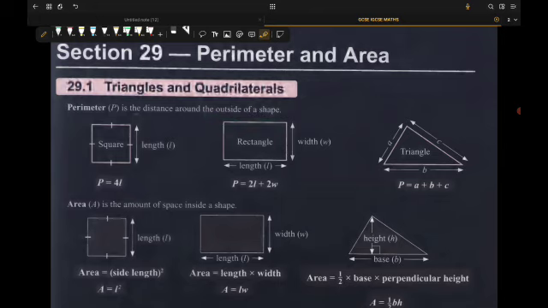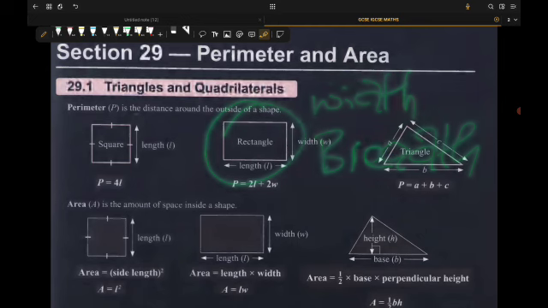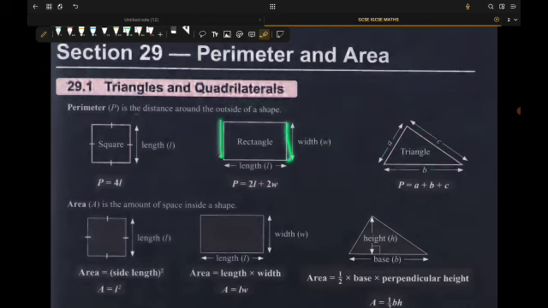For rectangle, the property of a rectangle is that a rectangle usually has a length and a breadth. The breadth is also known as width. Either you call it width or breadth. For a rectangle, there are two short sides, while there are two long sides.